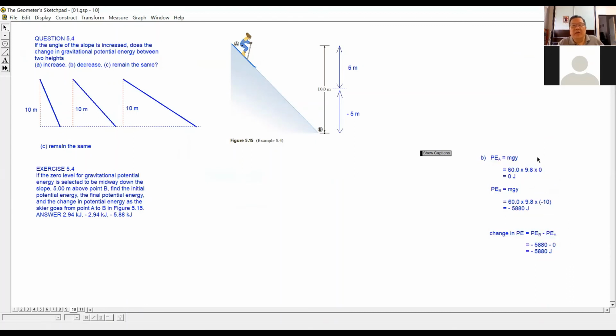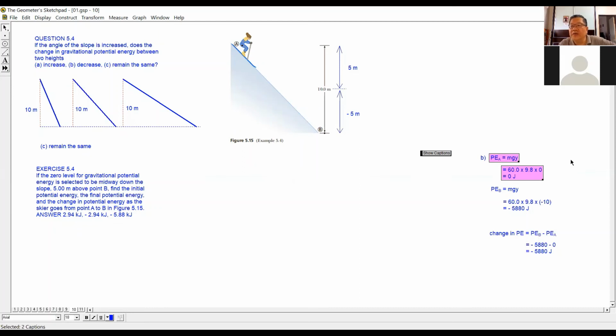Now the numbers all change already. So can you tell me what is the potential energy at A if we use the center point to be 0?